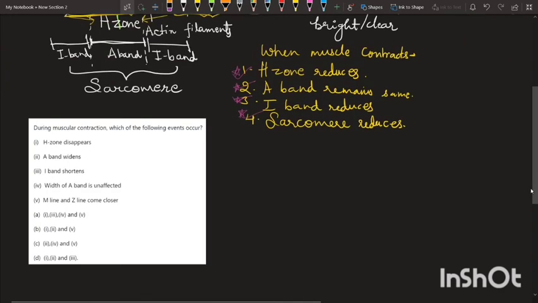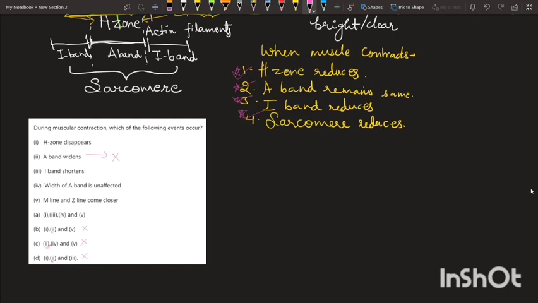Okay. So they have written A band widens. Now this here is wrong. That means wherever second option will be there, it will be wrong. That means B, this cannot happen. B is wrong. C also has second, this cannot happen. So these three are automatically eliminated, right?